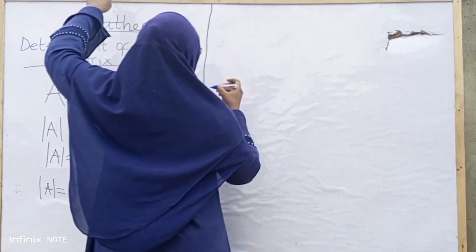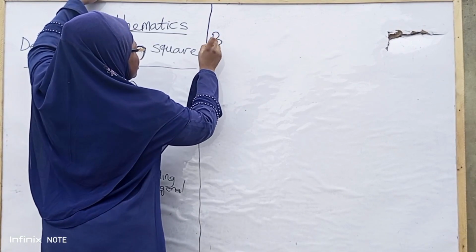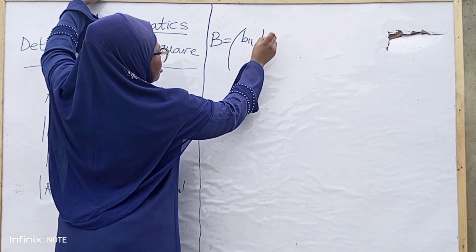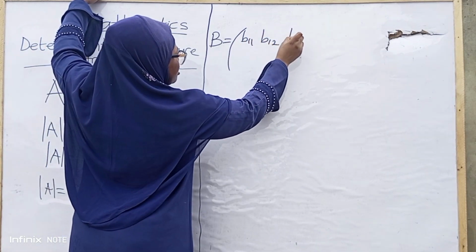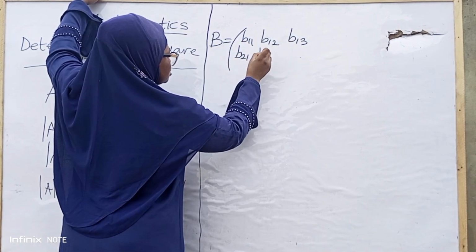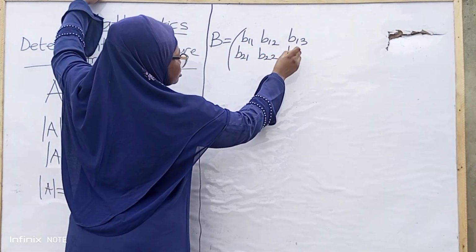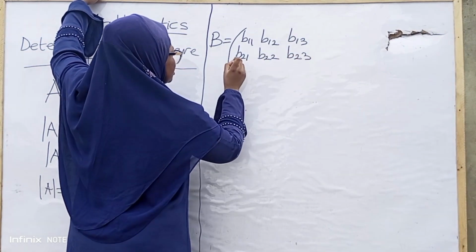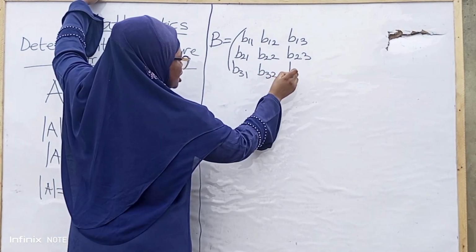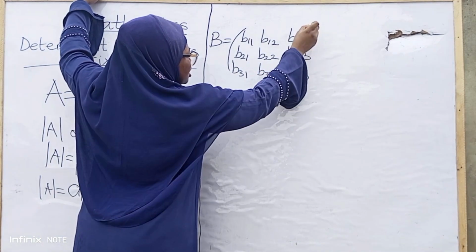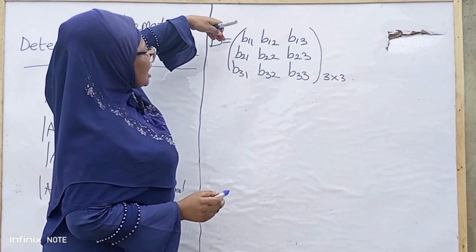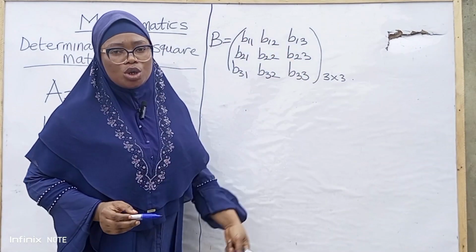So if matrix B is equal to B11, B12, B13, B21, B22, B23, B31, B32, and B33, this is a 3 by 3 matrix because it has 3 rows and 3 columns.